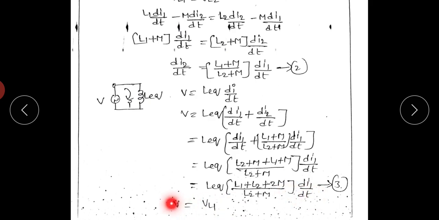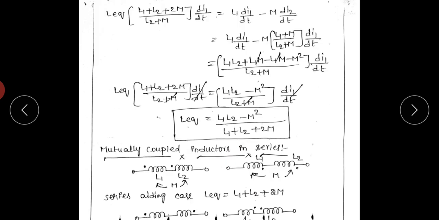Okay, we know that V equals VL1 or V equals VL2. So by using the relation V equals VL1, first V equals L equivalent into L1 plus L2 plus 2M by L2 plus M into di1 by dt, and VL1 equals L1 into di1 by dt minus M into di2 by dt. So substitute di2 by dt here.